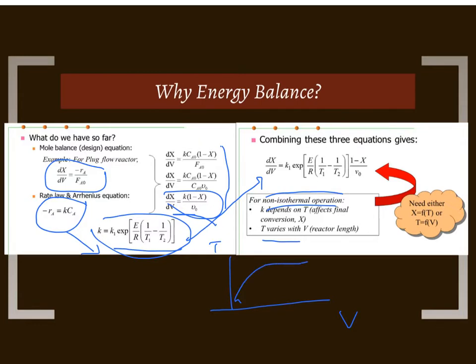The profile will look like that. So in order for us to solve, for example, to get the volume of the adiabatic reactor, we need X to be a function of the temperature, or the temperature to be a function of the volume.